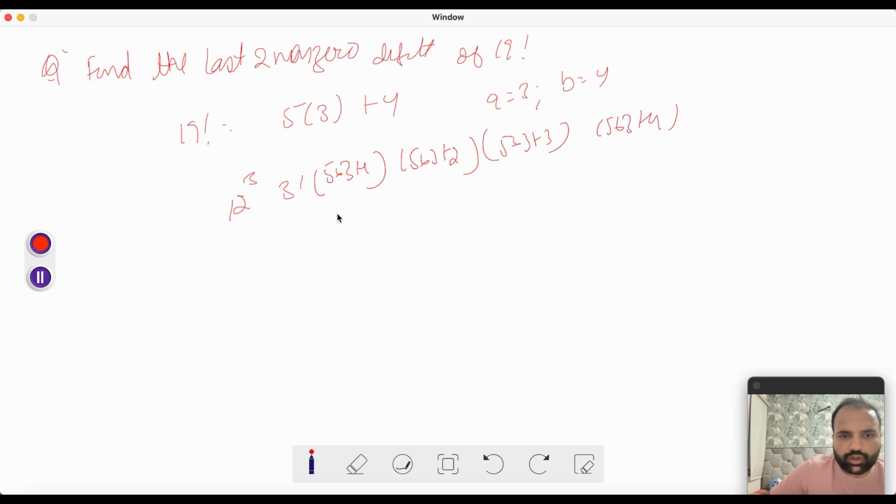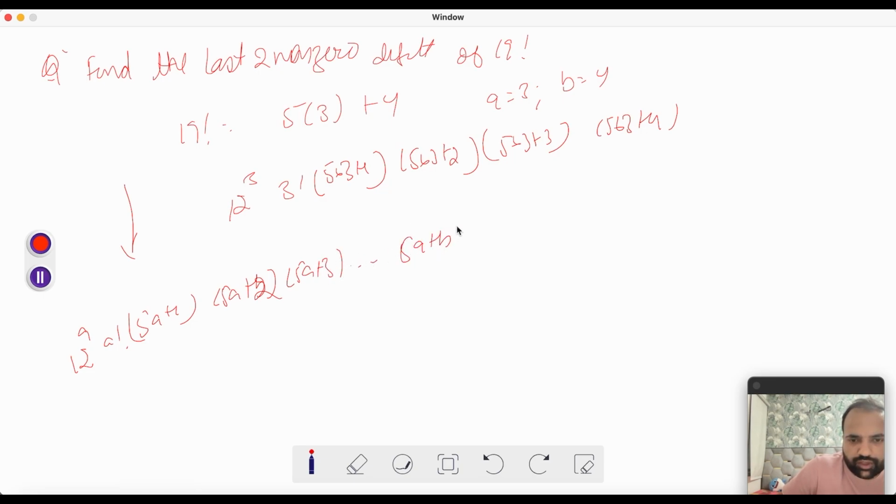Why? Because what does the formula say? The formula says 12 to the power a, factorial, and then 5a + 1, 5a + 2, 5a + 3. We got to go till the time we reach 5a + b. So that's how we have reached 5a + b over here.